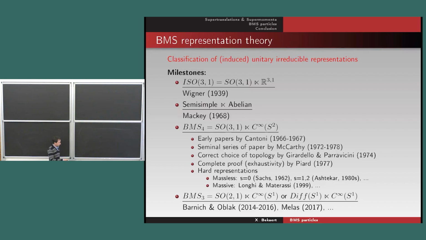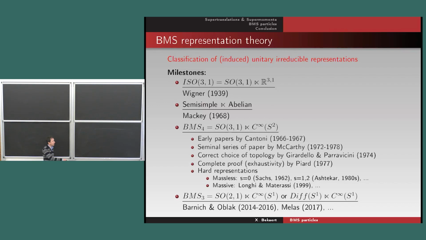One of the first to work on that was Cantoni, and then there was a long series of papers by McCarthy in the 70s. There are indeed some subtleties, since in infinite dimensions it's a bit tricky. You should be careful about the topology that you choose on the space of supertranslations and so on.